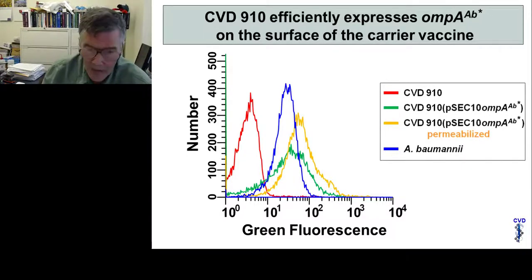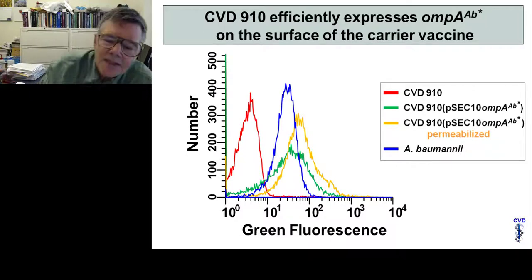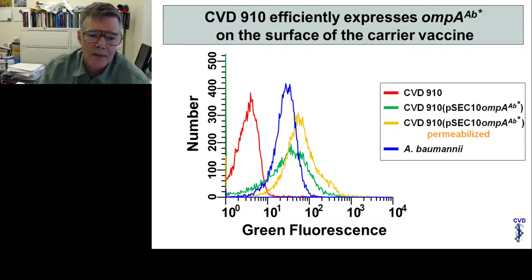And what really surprised me is when we did this Acinetobacter baumannii positive control, we get a mean fluorescence that's just about the same as CVD910 expressing AB-AMP. So this is a very encouraging slide because this is very encouraging data.